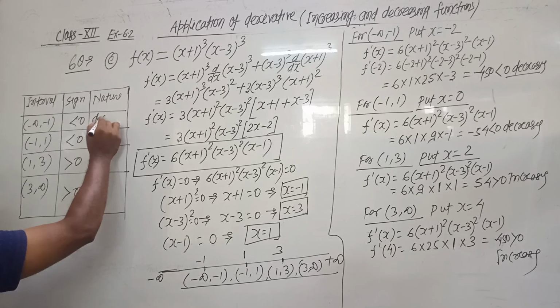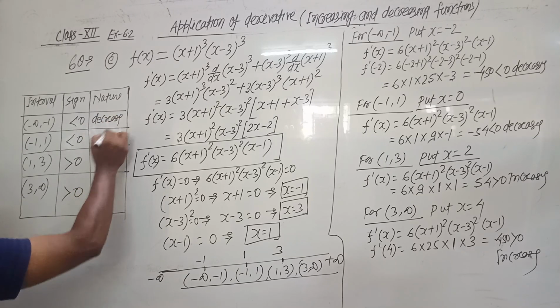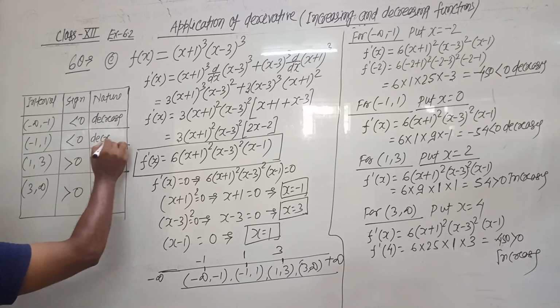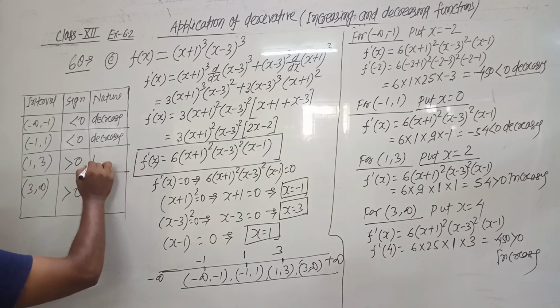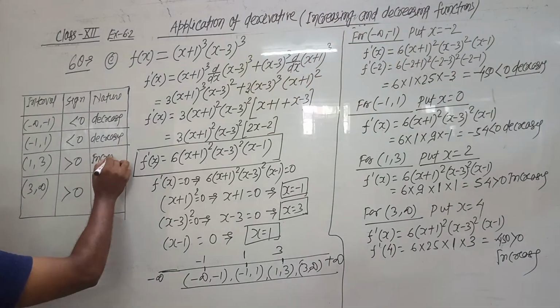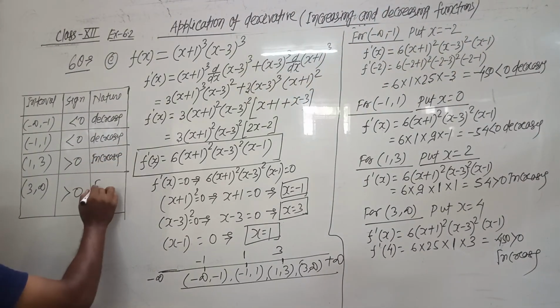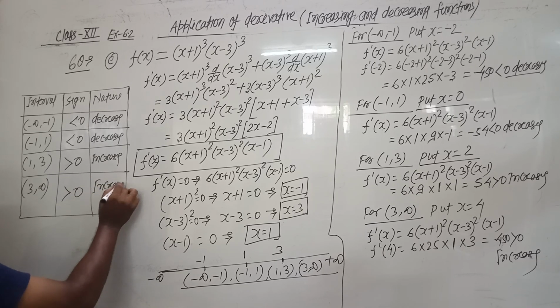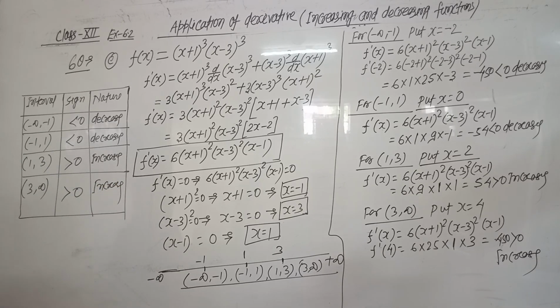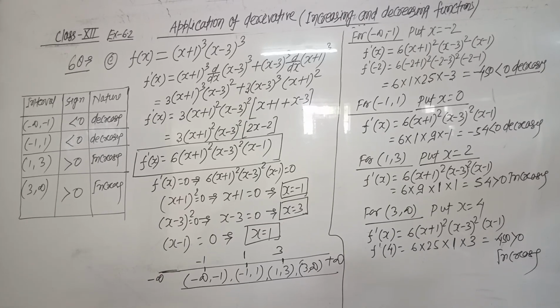So the nature is decreasing, decreasing, increasing, and again increasing. Overall, in the first two intervals the function is decreasing, and in the next two intervals the function is increasing. So this is the way to find the intervals in which the function is increasing and decreasing.